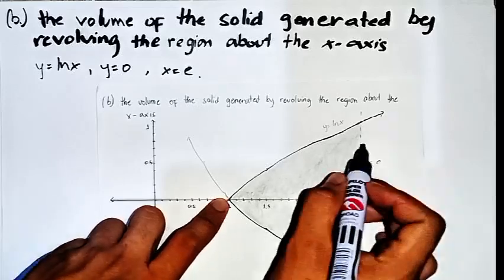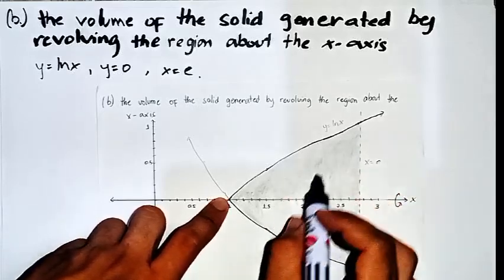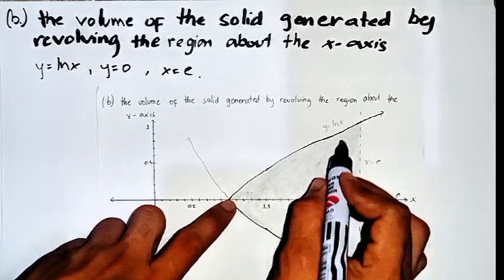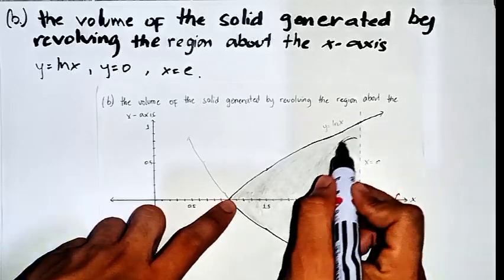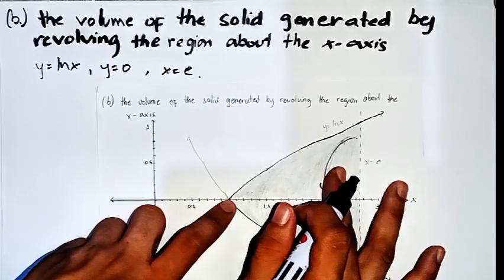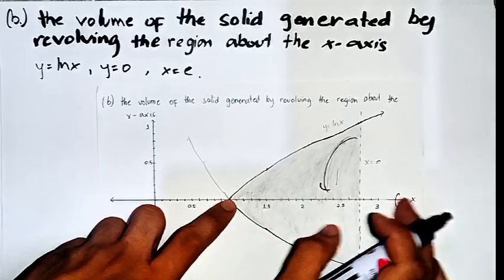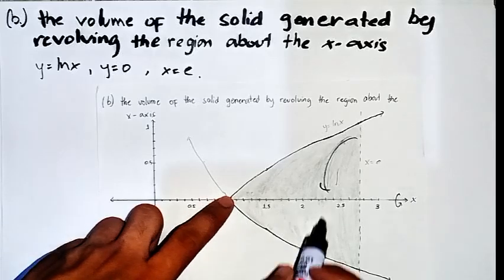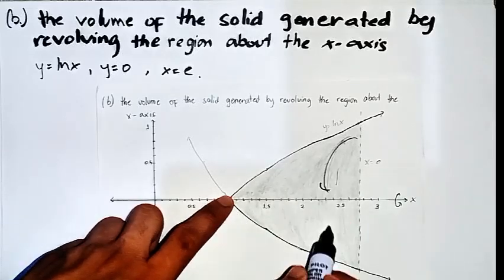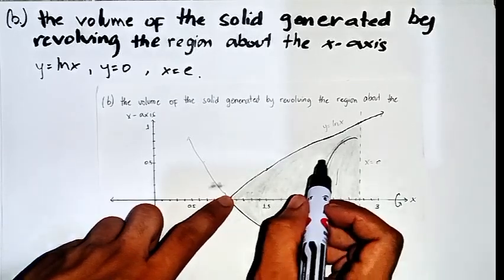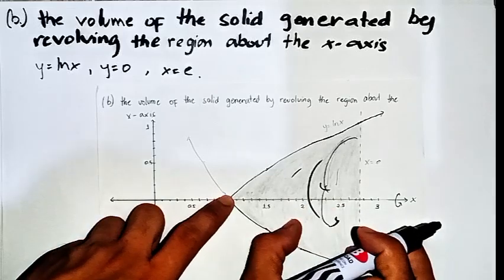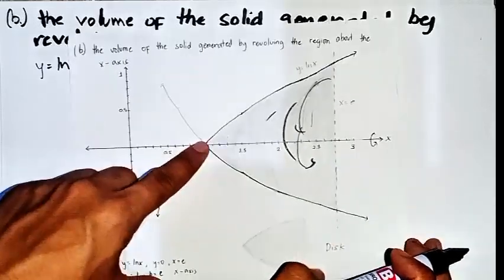And this is the region from 1 to e. We are going to rotate this region about the x-axis. Since we are going to rotate it, it can now form what we call a disk.